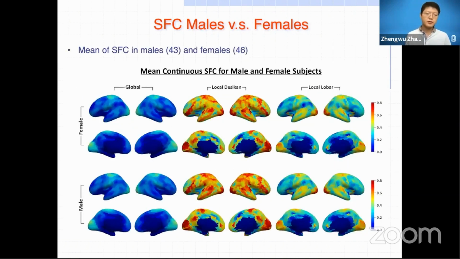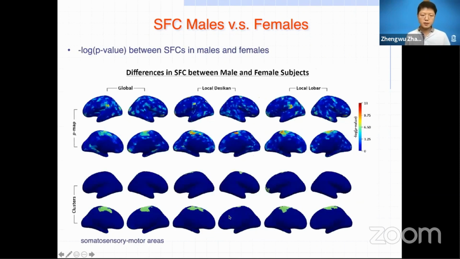This basically gives you some idea about the mean coupling in males and females. The first two rows are the females, the second two rows are males. We're interested to test the difference between males and females. This is the binary mask you eventually got, which contains significantly different regions between males and females.